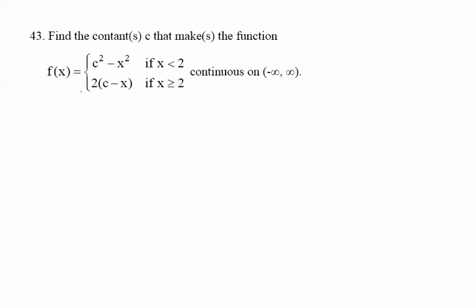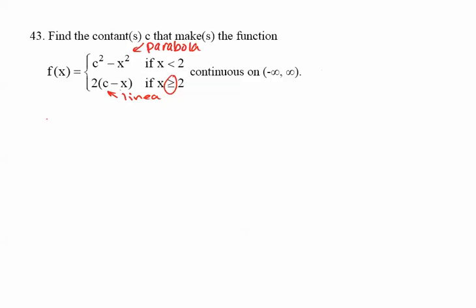All right, can we make this function continuous over all real numbers? So notice here that we've got this greater than or equal to. This is a parabola, a quadratic function, so we know that polynomial functions are continuous, and this is a linear function.